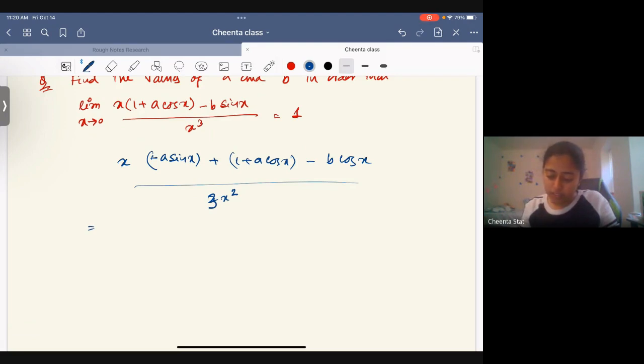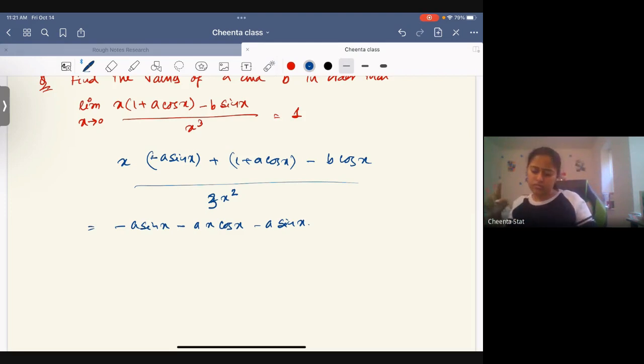So this is x minus a sin x, taking the x derivative, minus a sin x, minus a x cos x, and again we are doing that, 1 will be 0, minus a sin x, minus b cos x will be plus sin x, something like that.